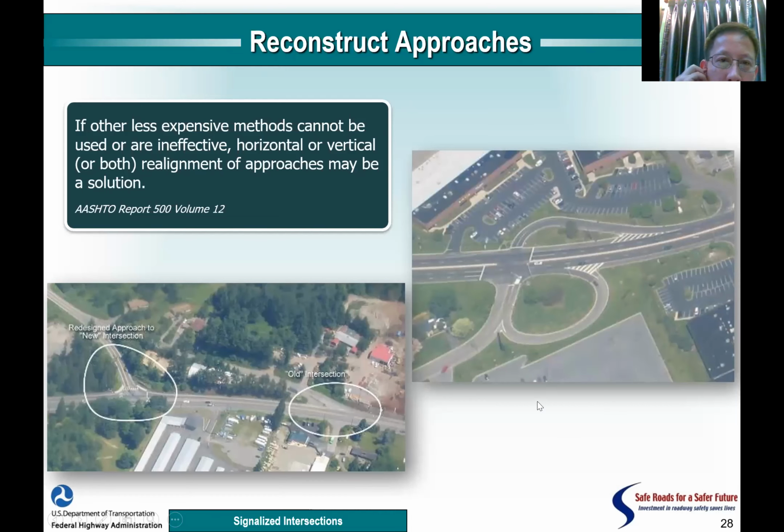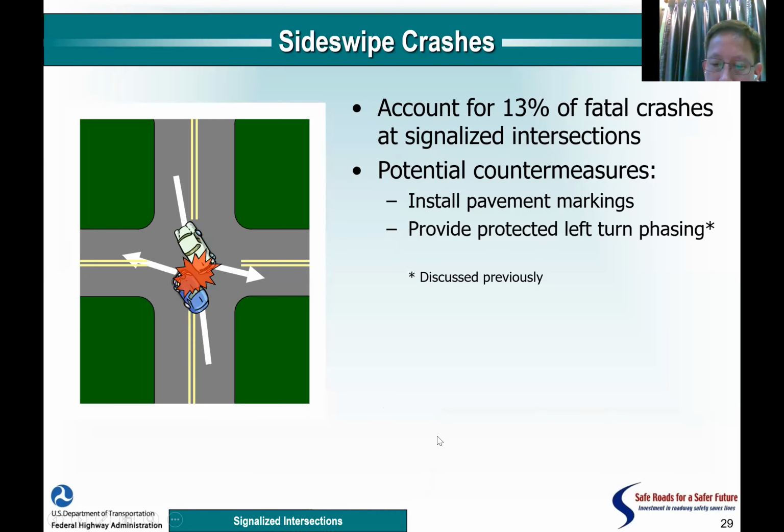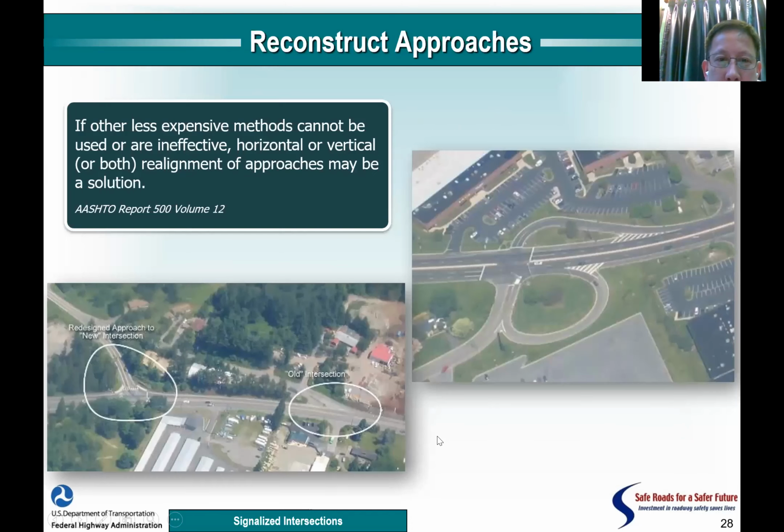This slide is about the reconstruction approach. Right here, this is the new intersection. The previous one is here. This is the old intersection. Remember when I talked about Namnasatik?